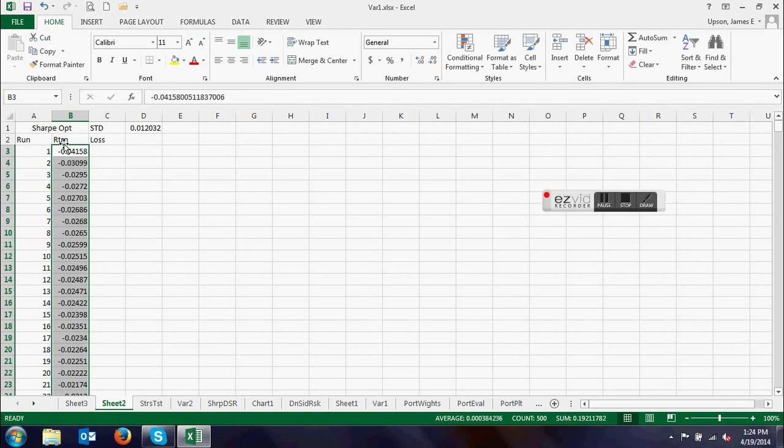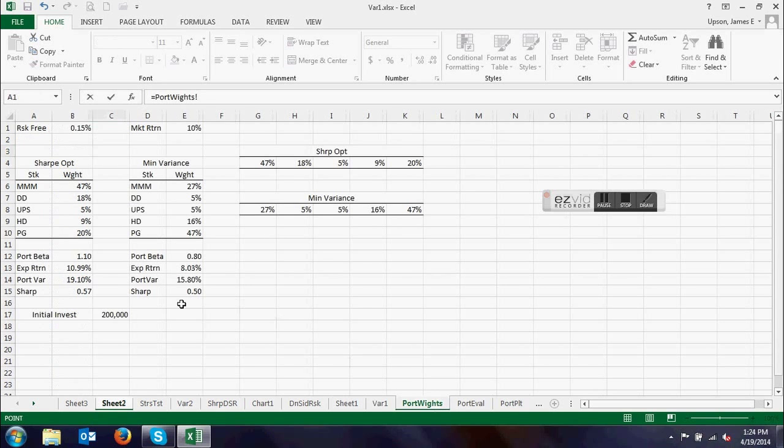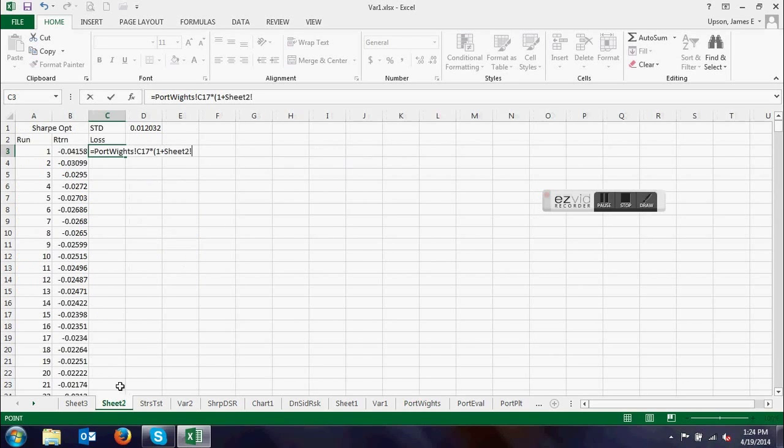Alright, so this is then equal to our portfolio value of 200,000 times quantity of 1 plus that return. So that's how much I lost the first day, and then the next day I'm losing against this value.